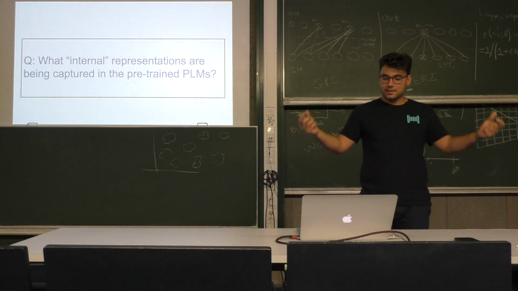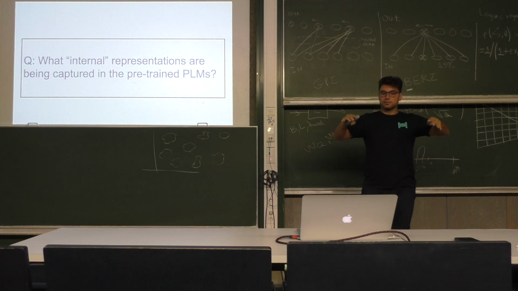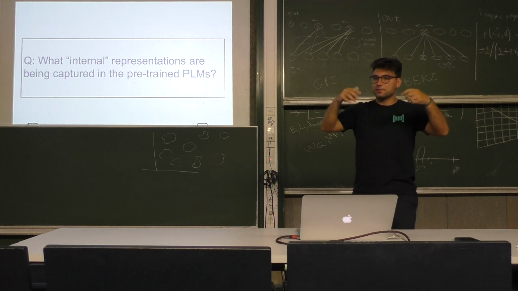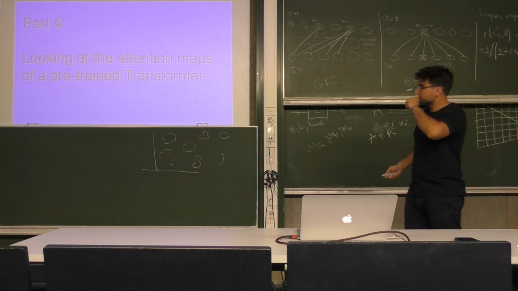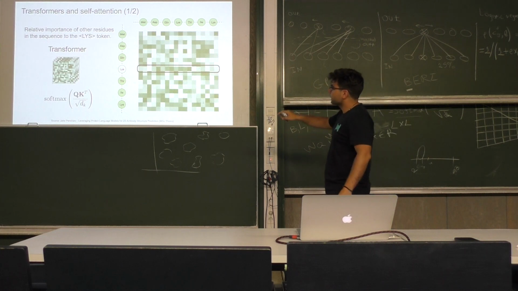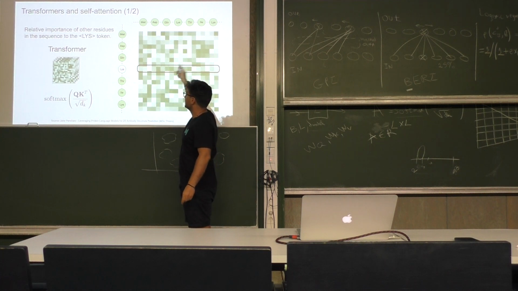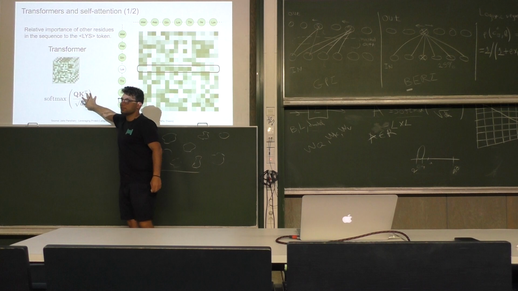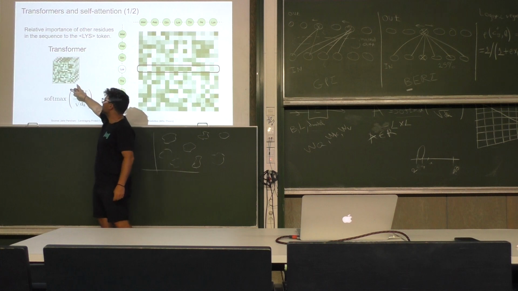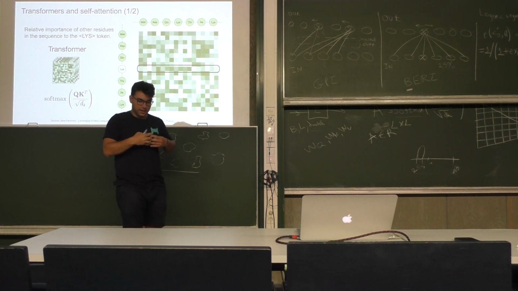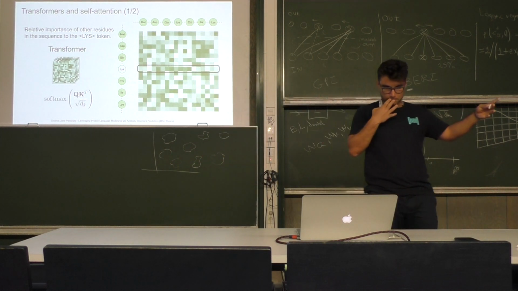So now we will check the internal representation. So far I showed you some output visualization. Now we will check the pre-trained language models' internal representation, which are the attention maps. Again, instead of having words here and modeling interactions between words, we take this output of the model before the multiplication with the values, and we have as many attention maps as the number of layers multiplied by the number of heads per layer.